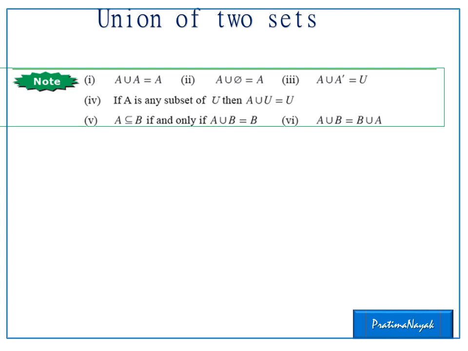If A is a subset of B, then A union B is equal to set B. And last is A union B is same as B union A, or we say union is commutative operation.